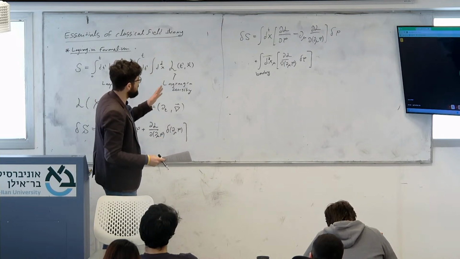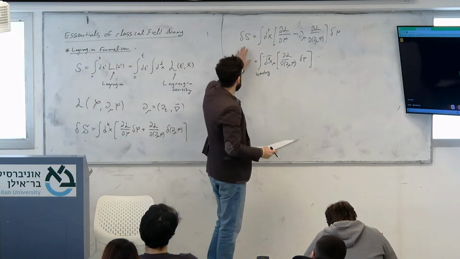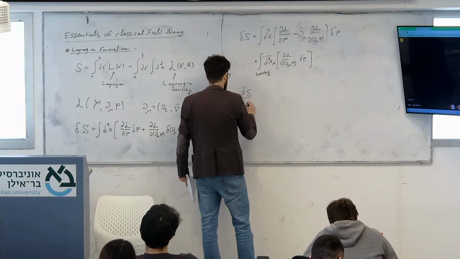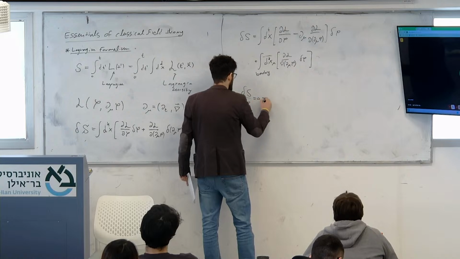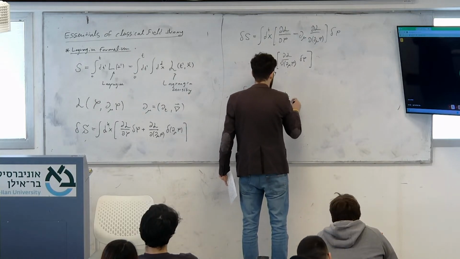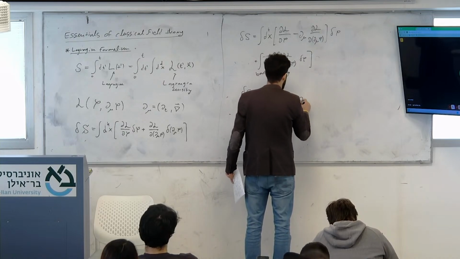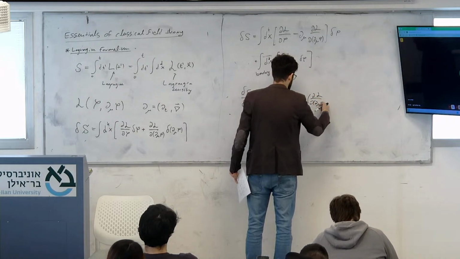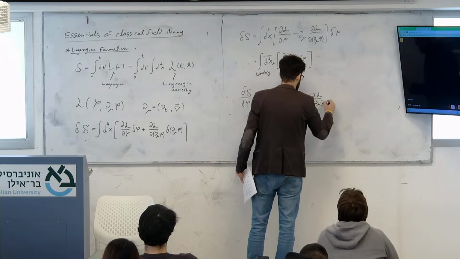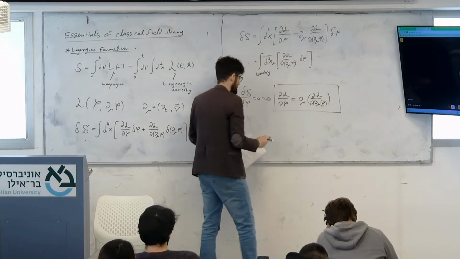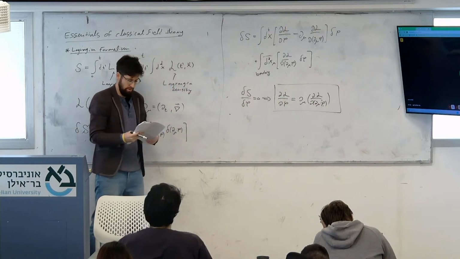Now, assuming there are no boundary terms, then the vanishing of delta S, for delta phi, gives us that dL to d phi is equal to d mu dL to d mu phi. And these are the equations of motion. Good. So that's the first thing.